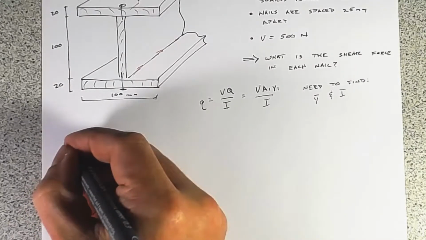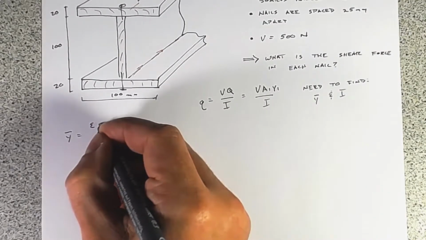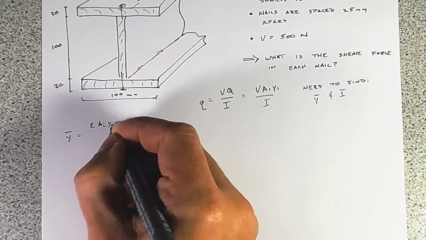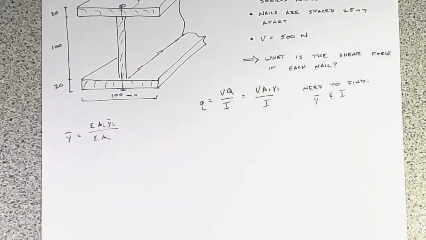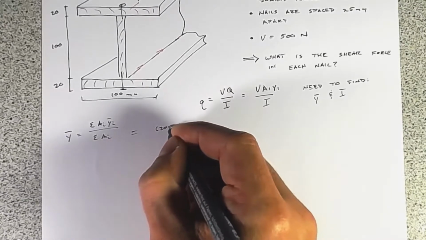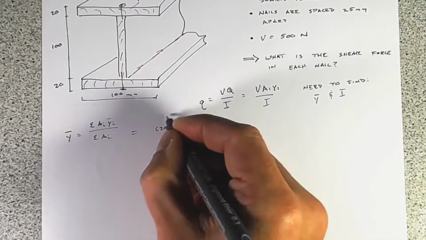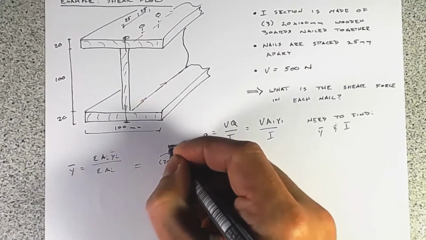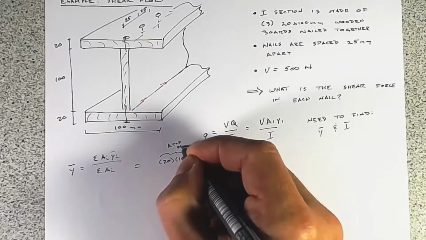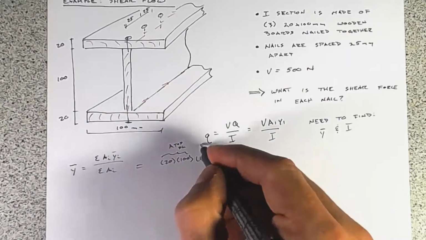All right, so y bar. Remember that's the sum of the little areas times their centroids over the sum of the areas, and that's going to equal 20 times 100 times 130. That's just the area of the top flange, TF for short, and 130 is 20 plus 100 plus half of 20.